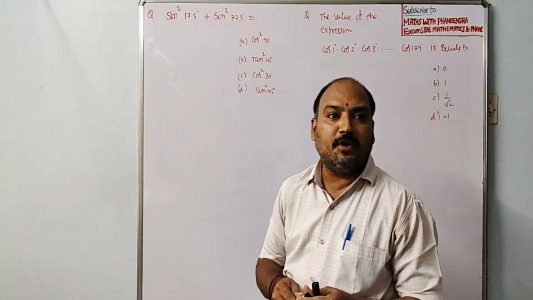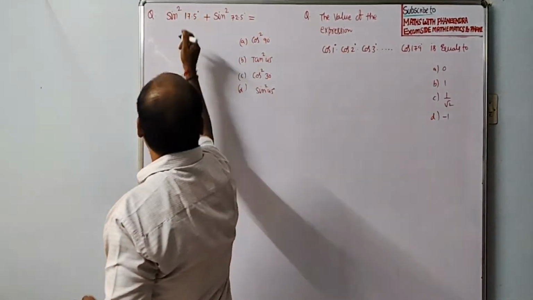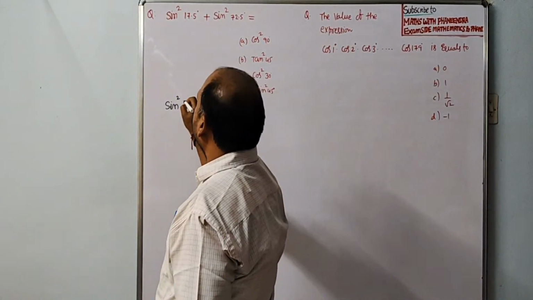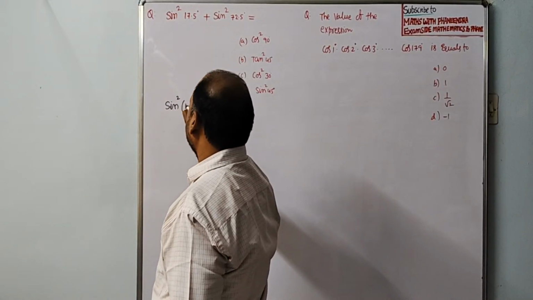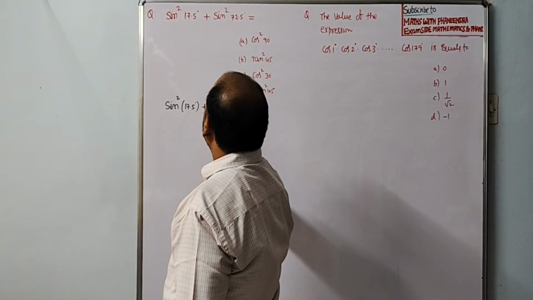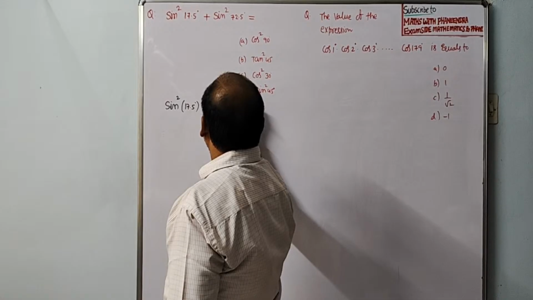Here, one important piece of information you need to know. Sin square 17.5 means 17 and a half. So you can write it like this: sin square 17.5 degrees plus sin square 72.5 degrees.